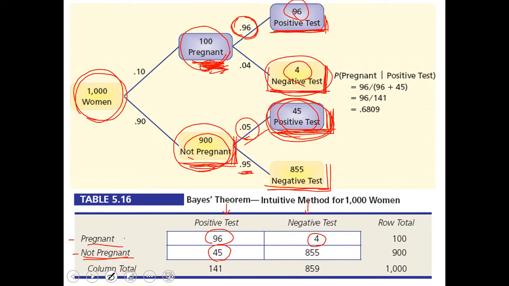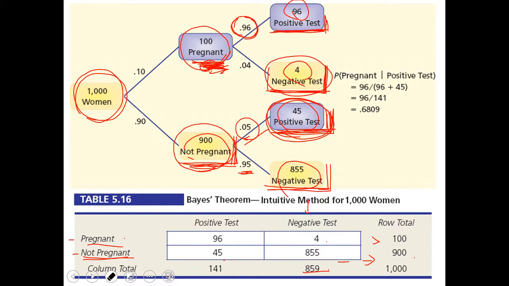Not pregnant but negative is 855. The sum of these is 141, the sum of these is 859, and the sum of these two values is 100, the sum of these two values is 900. So then we obtain a very good contingency table.